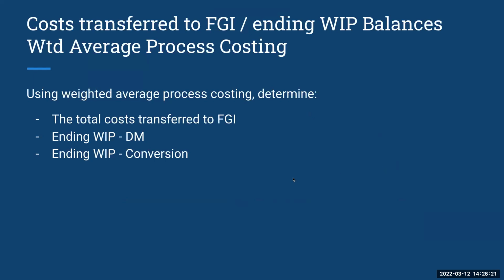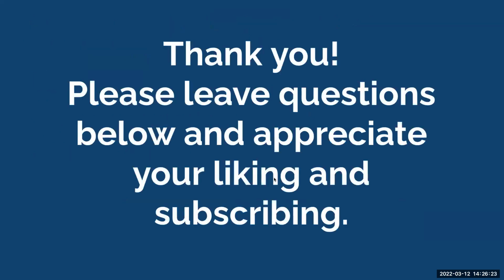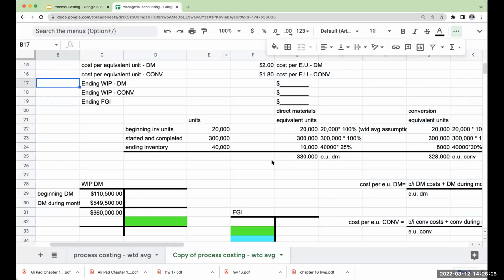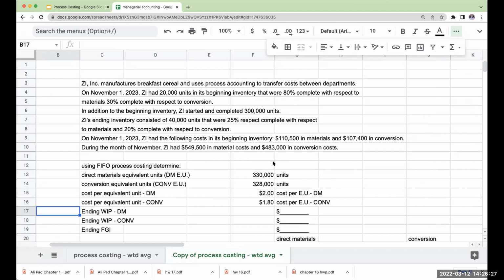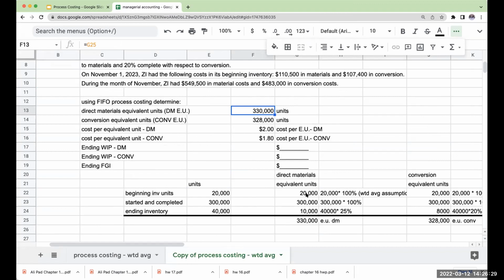So let's see where we are right now. So far on this particular question, we determined what our equivalent units were. Remember, with equivalent units under weighted average, for the ending, I had to multiply this because the 40,000 units here is not the same as the 400,000 ending inventory units were only 25% complete.